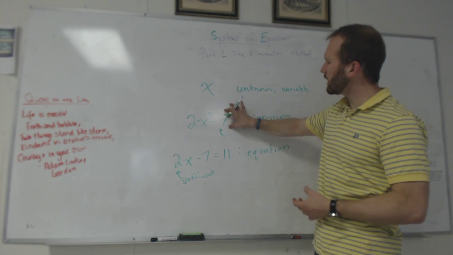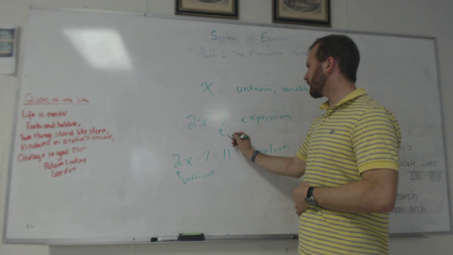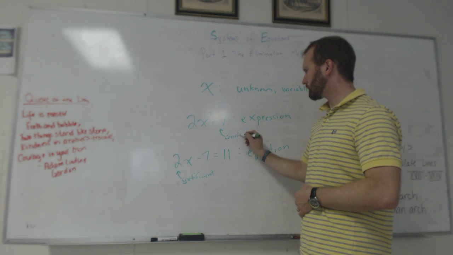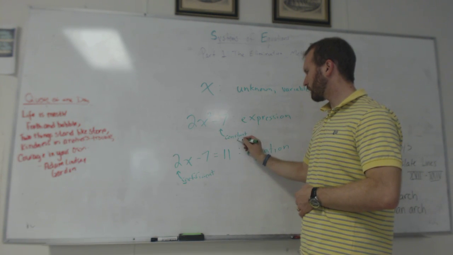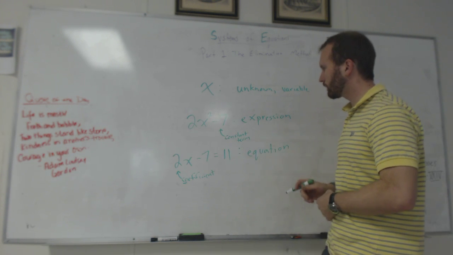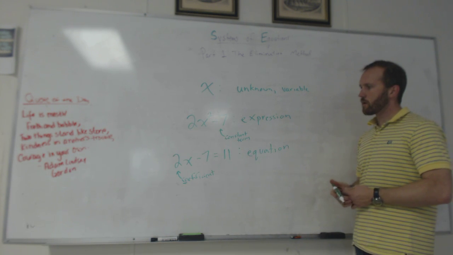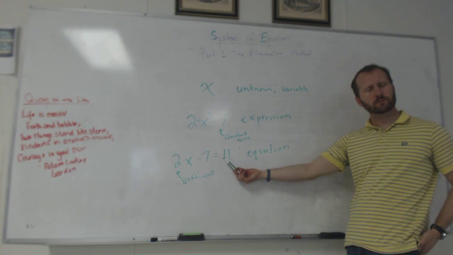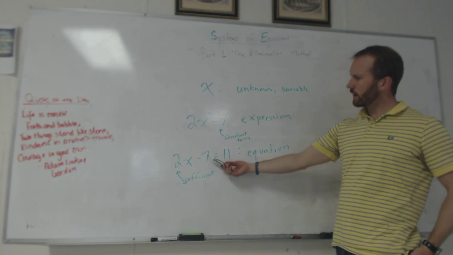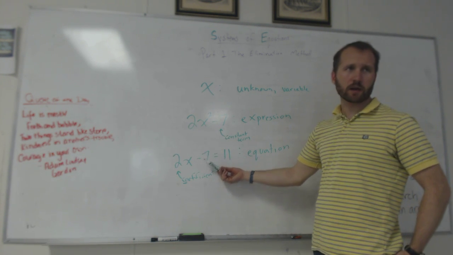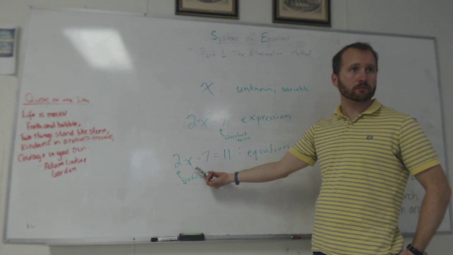It's a term, it's a number, so it doesn't change. We call it the constant term. Can you solve this? Yes. We would add the constant term and divide by the coefficient, right?